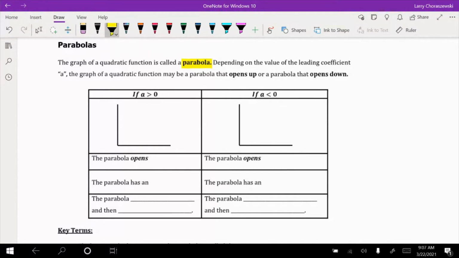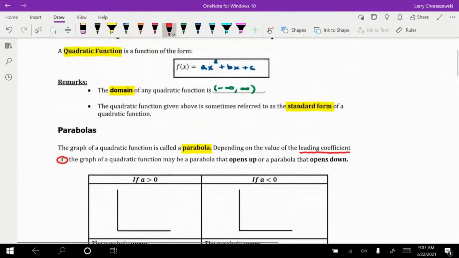So a parabola is basically a U-shaped curve, and in this section, the U can face in one of two different directions. That direction is based on the leading coefficient of a quadratic function, which is indicated by the letter a when looking at ax squared plus bx plus c.